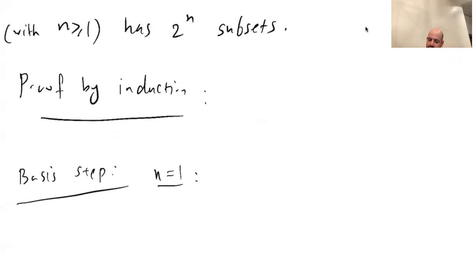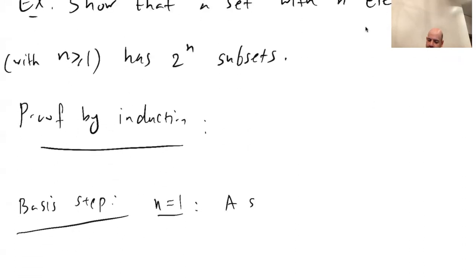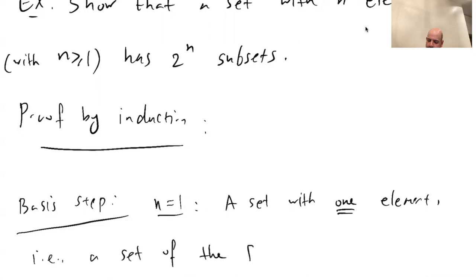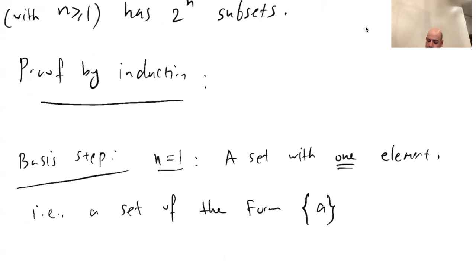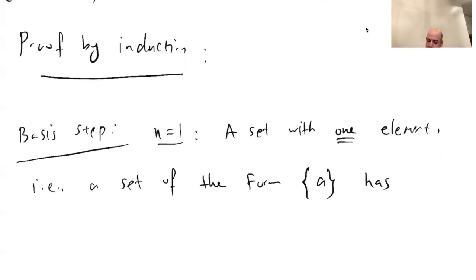So a set with one element, i.e. a set of the form, let's say, A, has 2 to the power 1 equals 2 subsets. Namely, a set of this form has exactly 2 subsets.